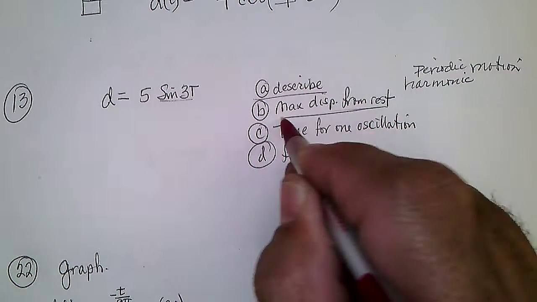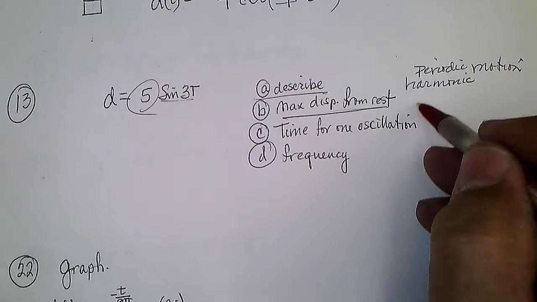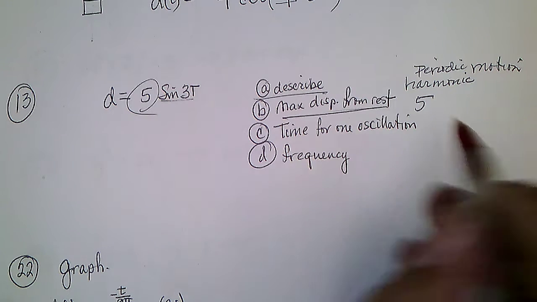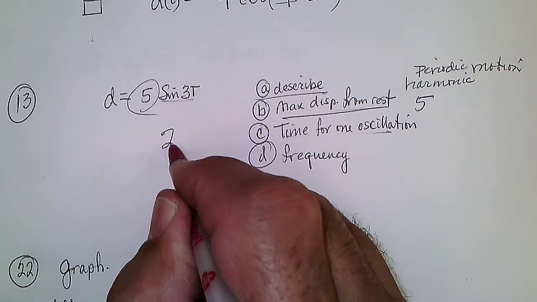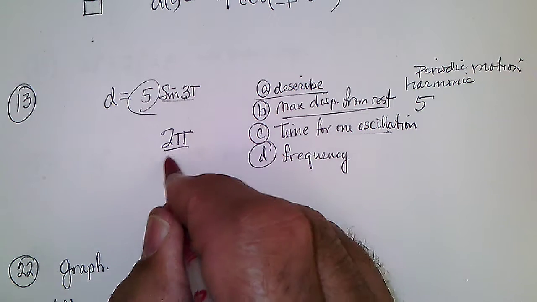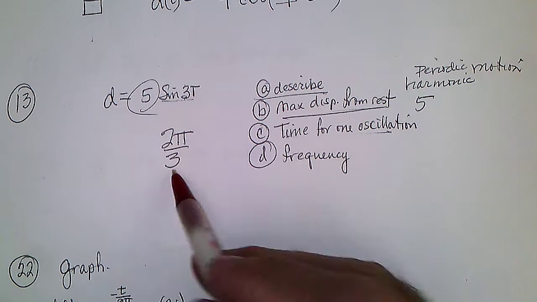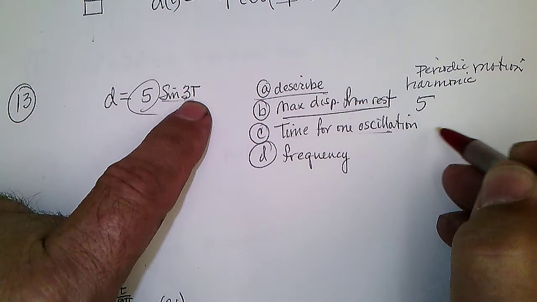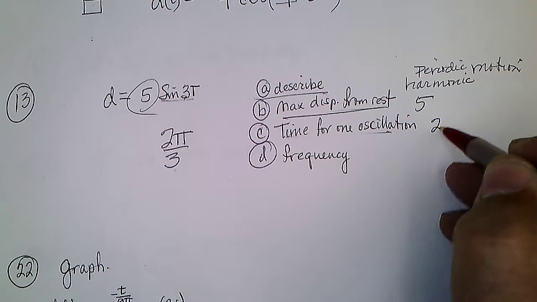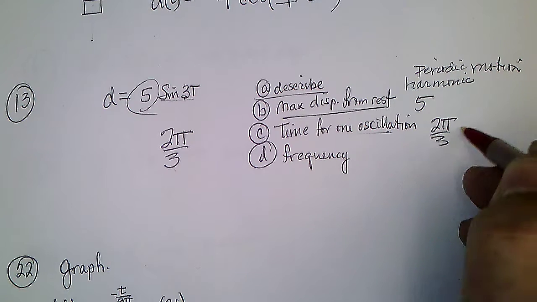The maximum displacement is the amplitude, 5 units. Time for the oscillation. So the normal period is 2 pi divided by 3. And so we can figure out what that is in decimal, but it would be that many, whatever time is in, seconds probably. 2 pi over 3 seconds.